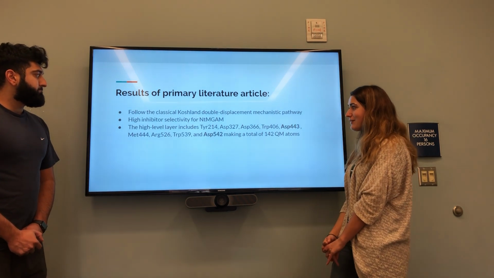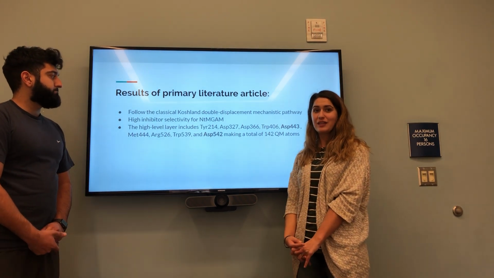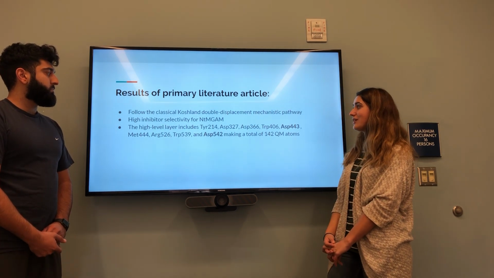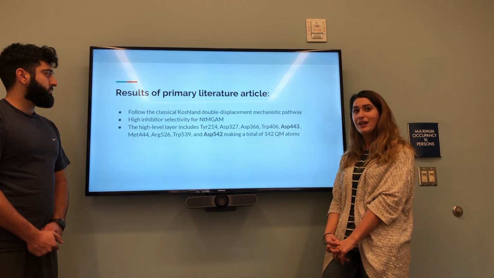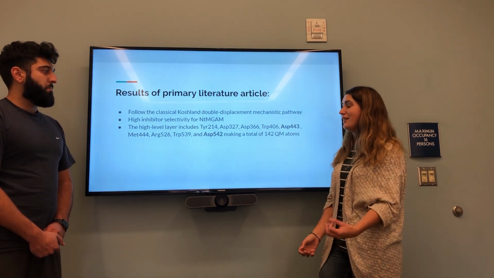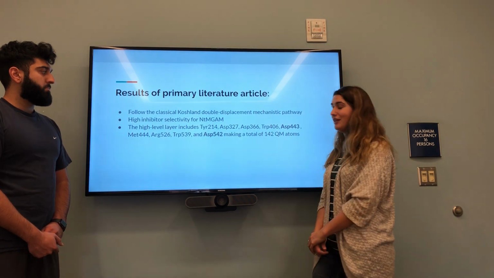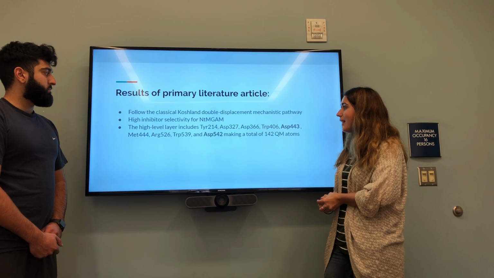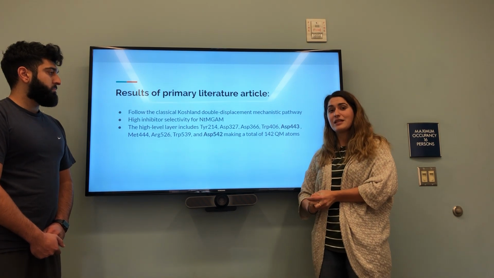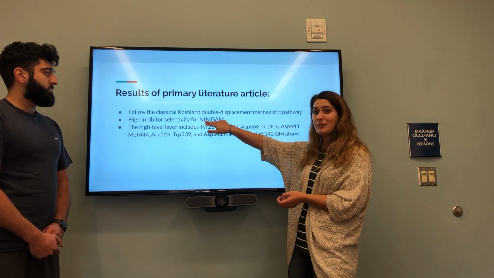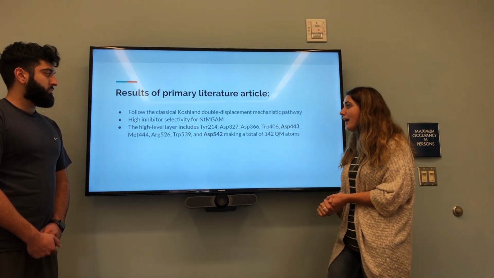Okay, so for the results, as Zaf mentioned earlier, the reaction follows the classical Koshland double displacement mechanistic pathway, where you have that attack at the anomeric carbon and then the acid coming in, forming the glycosylation and deglycosylation steps. And they found that there's high inhibitor selectivity for maltase, specifically at the N-terminus, that's why they have NT there.